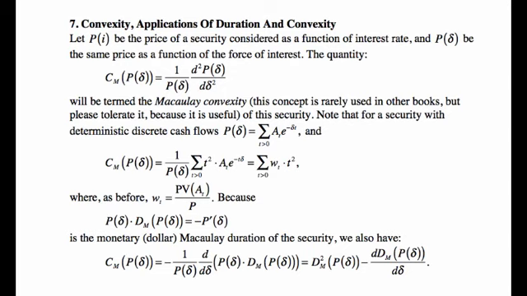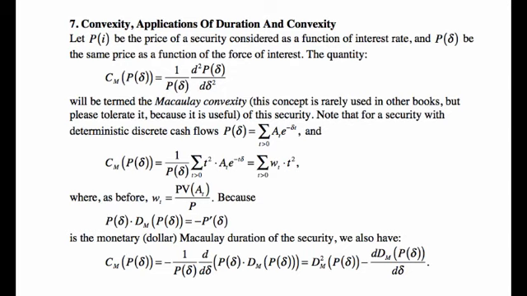And if we do the calculation of the Macaulay convexity, we see that it's equal to the weighted average squared time to maturity, whereas before the weight is the present value of a single payment divided by the total of the present value of all payments. So it's the weight assigned to the time t at which the payment A sub t is made.